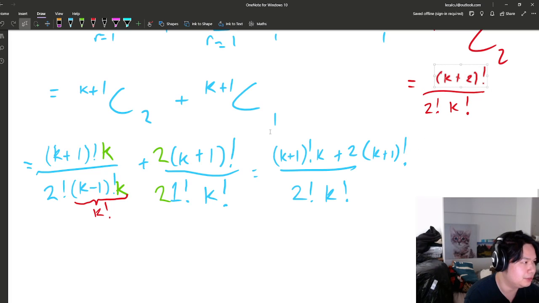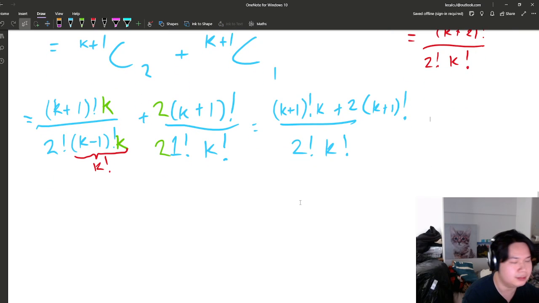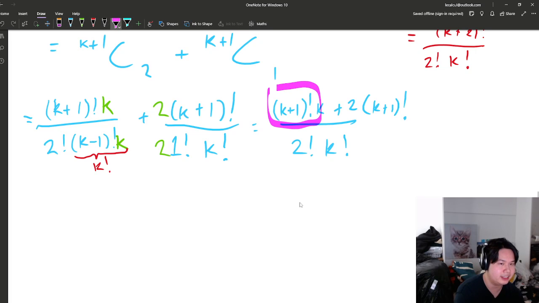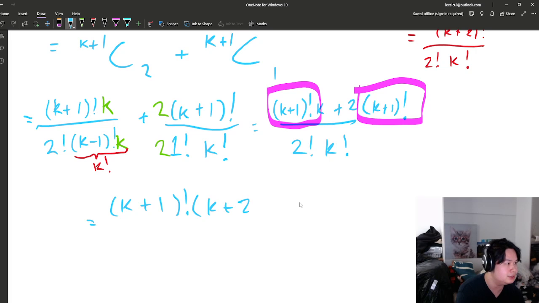I somehow need to write this as k plus 2 factorial. And the way we're going to do that is by factoring, because these are two terms and they have a common factor of k plus 1 factorial. So if I factor that out, k plus 1 factorial, then I'm going to have the k and the 2 go in brackets.